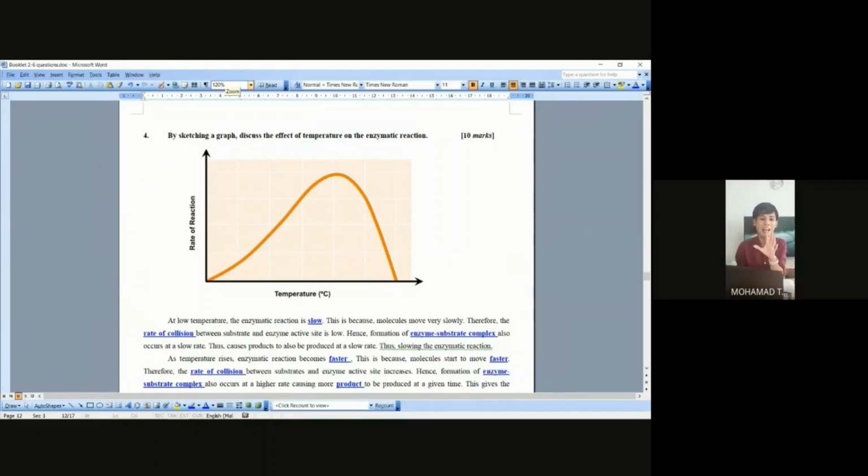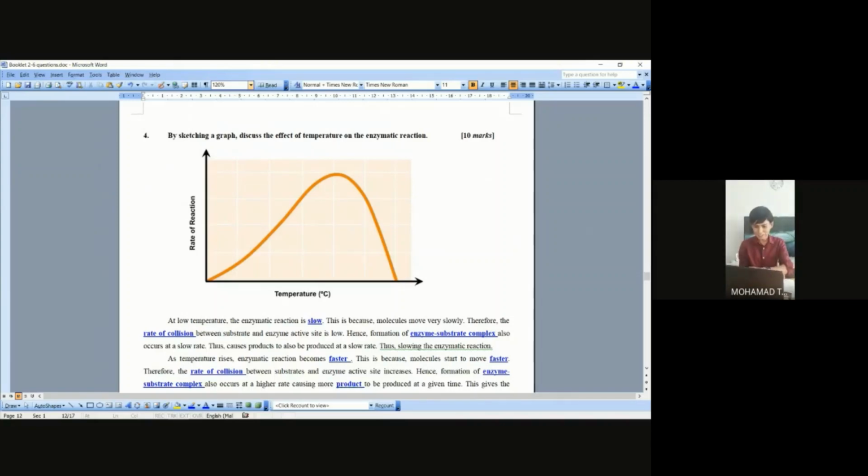When sketching a graph, the values are not very important, but the shape must be correct. By sketching, not scratching. And do not forget to label the axes. The X axis is temperature in degrees Celsius, and the Y axis is rate of reaction. So do not forget the axes.